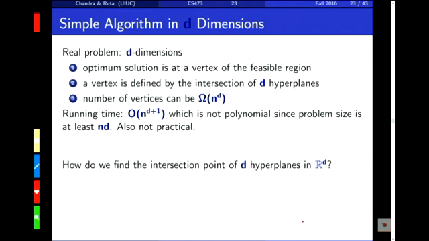Feasible or infeasible, we don't know, but that will form a vertex. So it is n to the D, basically n choose D. And for every vertex, again, you can check whether it's feasible, check the objective value, and then pick the one with the maximum objective.